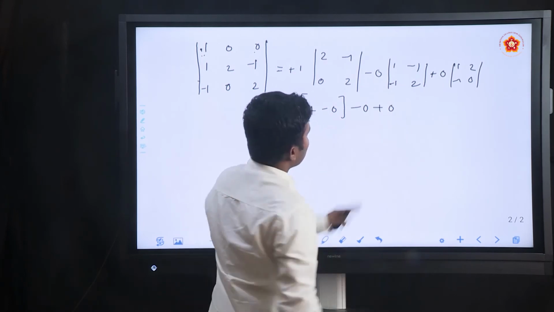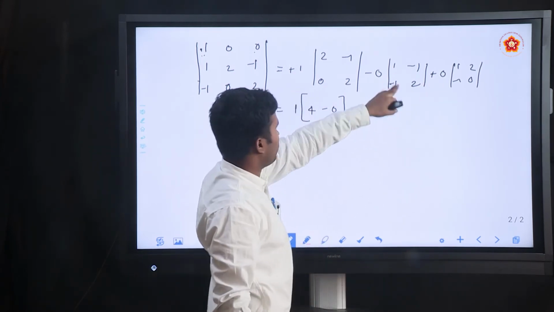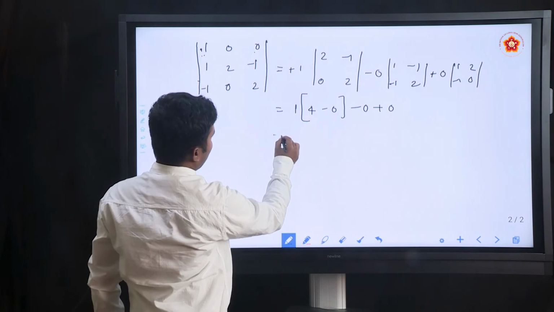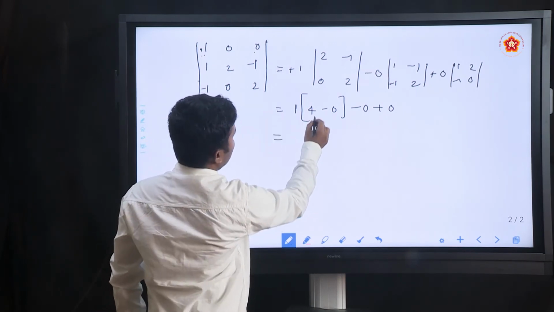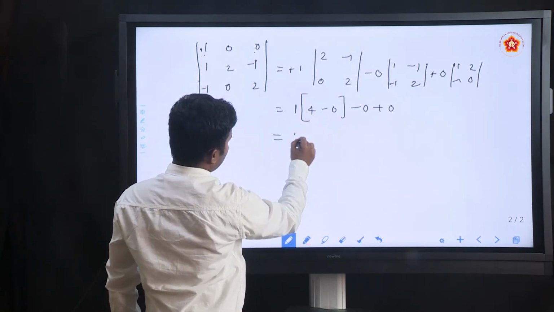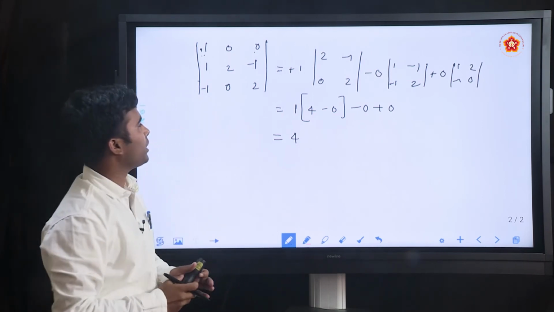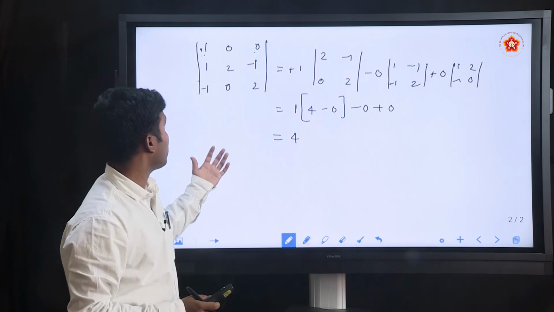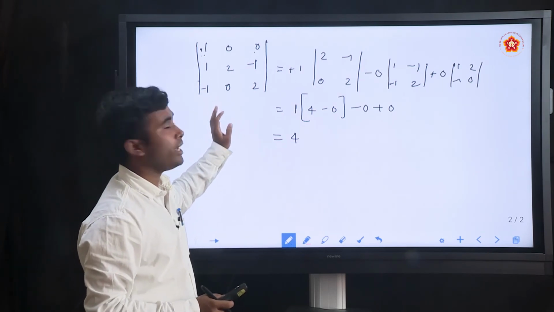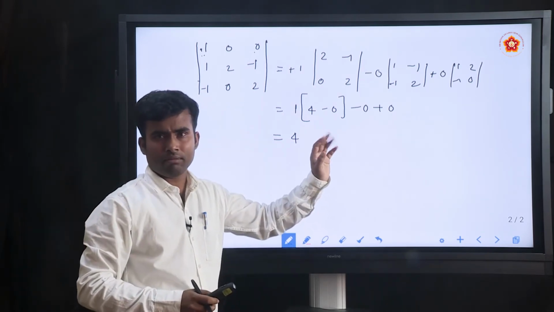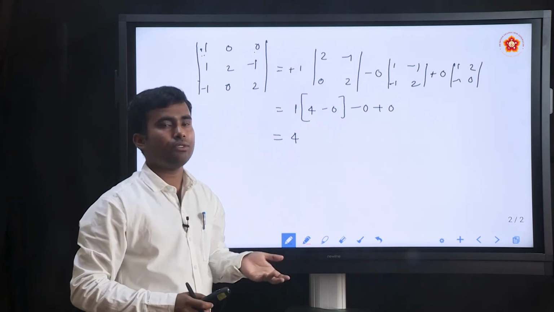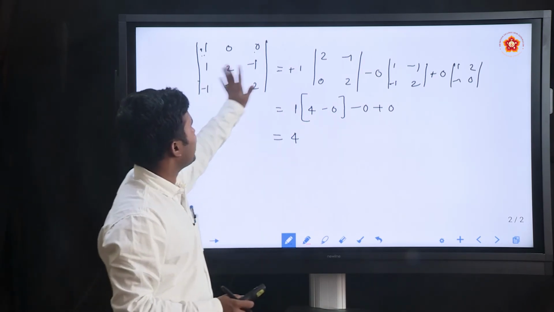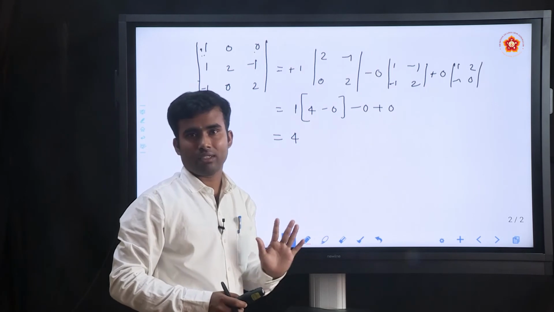The other terms become 0 since we have zeros over there. So the value of this determinant is 4 minus 0 is 4, 4 into 1 is 4. That is how we make calculations easier once we know the maximum number of zeros in a particular row or column. If you get confused, you better always expand along row 1.